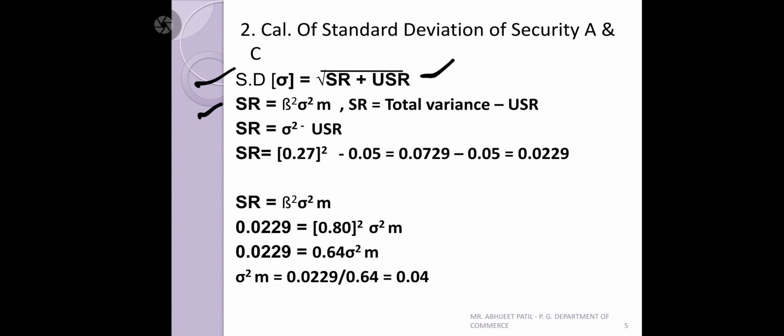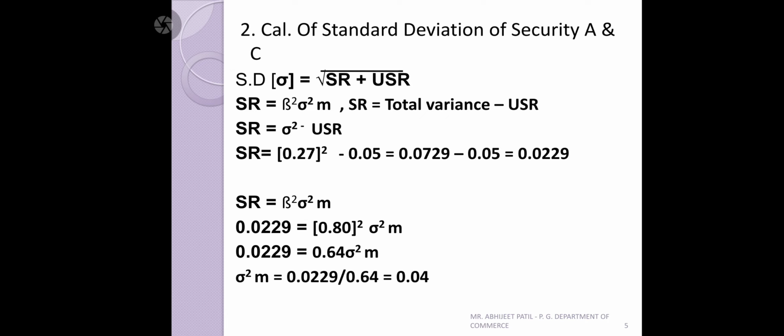So we can use another approach: to find systematic risk we can use total variance minus unsystematic risk. Total variance means standard deviation square. Unsystematic risk is already given in the problem. So we can use these equations, find the systematic risk, then find the market variance, and with the help of market variance we can determine the standard deviation of A and C.